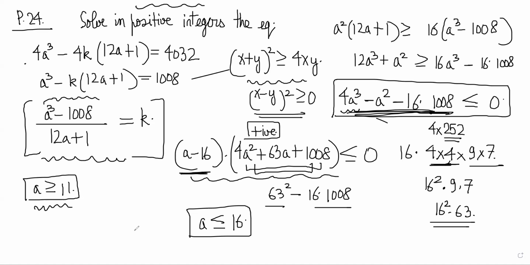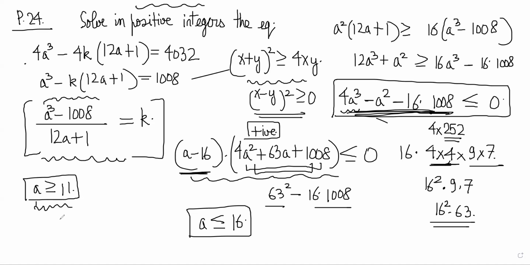So also what we can do is basically now you can just check. Since we know so many things now about a and b, and we know a is between 11 to 16, you can just check all the even numbers, right?